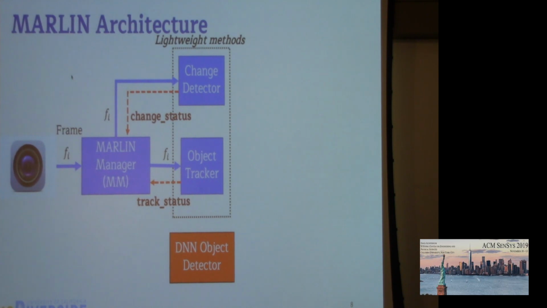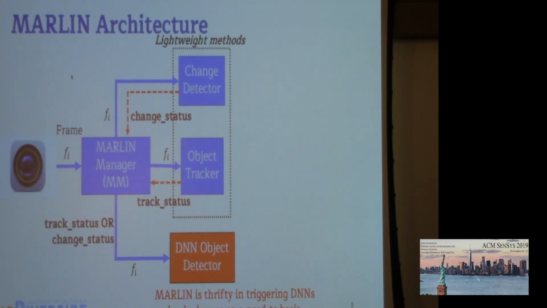It receives feedback from the object tracker and change detector as the track status and change status. Based on those feedbacks, it decides whether or not to send the frame to the DNN object detector. So MARLIN is thrifty: it forwards the frame and triggers the DNN only when it needs to.